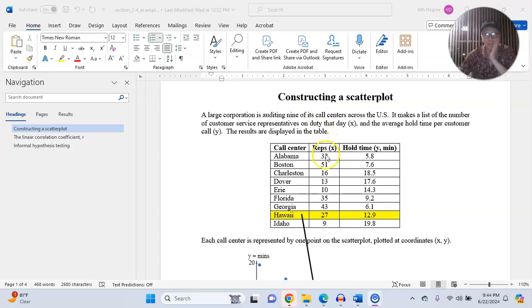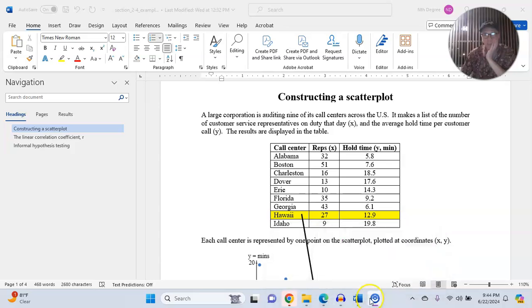In this column, we have a list of how many representatives are working at each call center, variable X. And then in this column, we measure the average hold time for each call that's handled by that call center, measured in minutes. We'll call that variable Y. So for example, at the Alabama call center, there are 32 representatives taking calls, and the average hold time is 5.8 minutes.